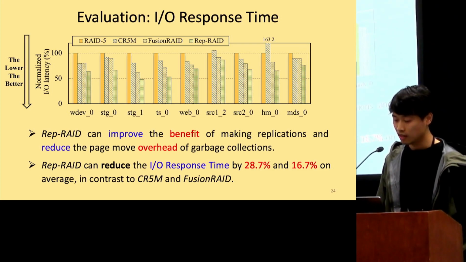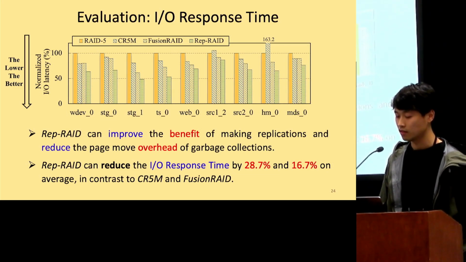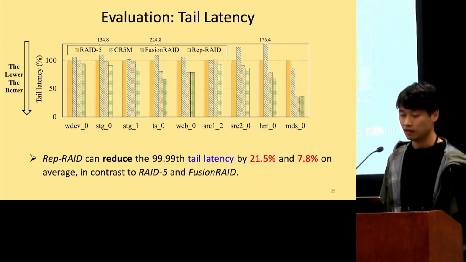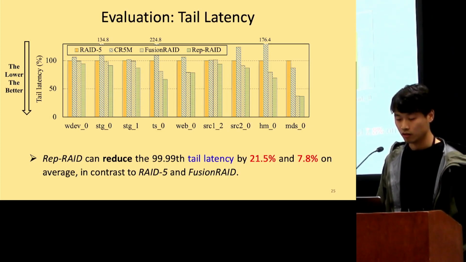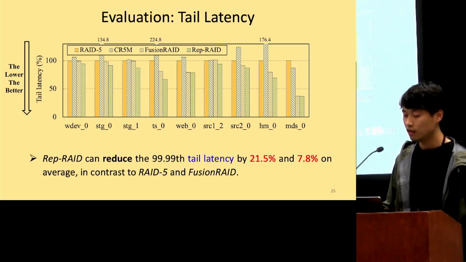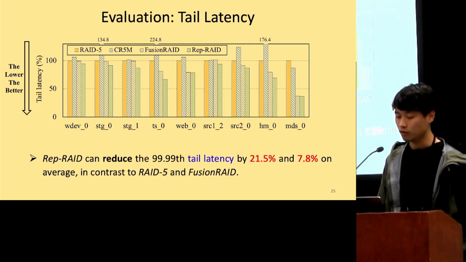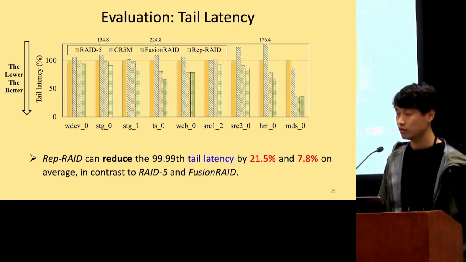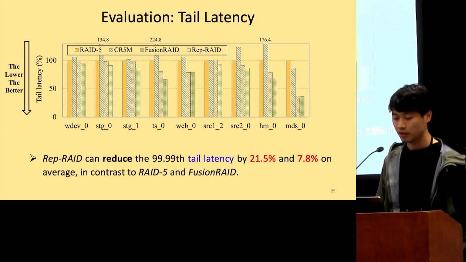After showing the I/O response time, the tail latency, which represents the worst case of I/O, is also another concerned aspect. In this result, we can also find the proposed method RepRAID can reduce the tail latency by about 21% and about 8% on average in contrast to the baseline RAID 5 and the related work FusionRAID.